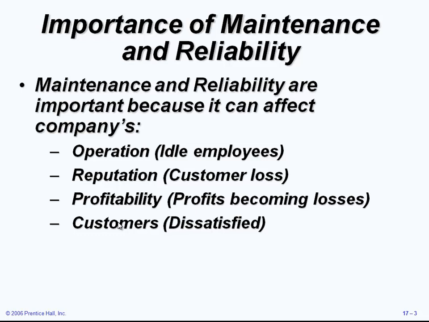So the operations has been affected, which caused a customer loss that will lead to the decrease of profit, or maybe the profits become losses. At the end, all that will lead to customer dissatisfaction.